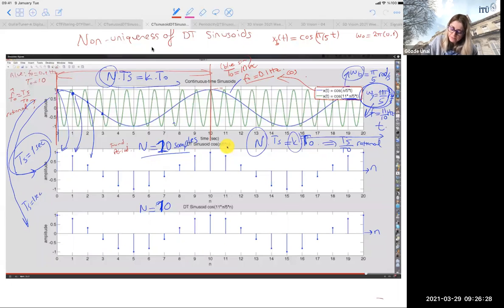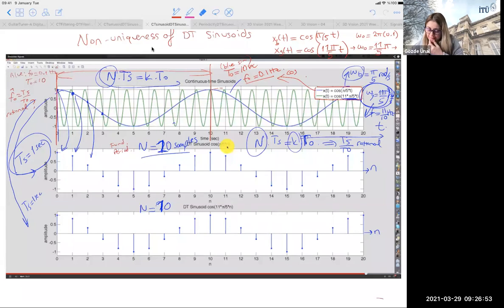Now the green one, x green, is cosine. It's written here. I'm just going to copy it: 11 pi over 5 t. So from here, I know my omega 0 is 11 over 5 pi. And from here, F0 is 11 over 10.